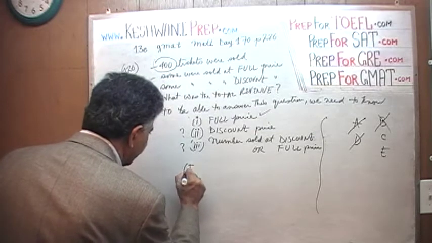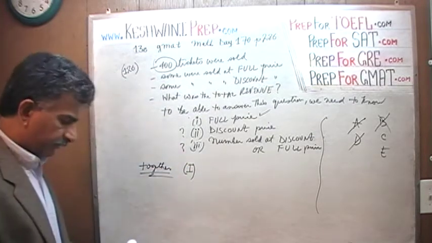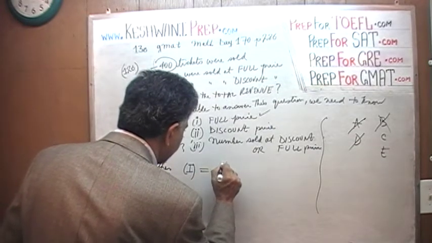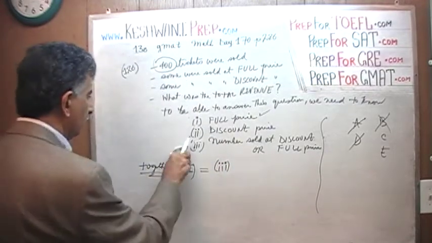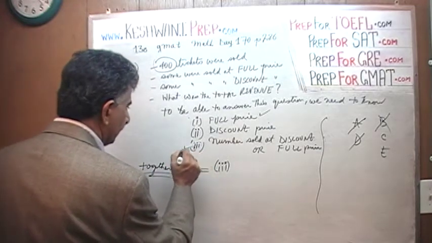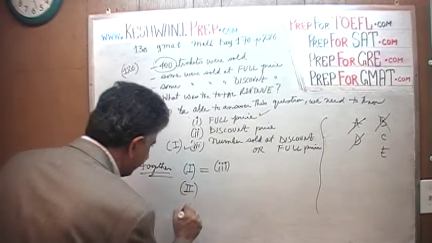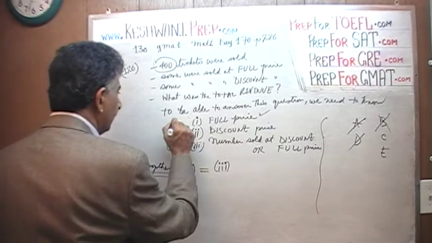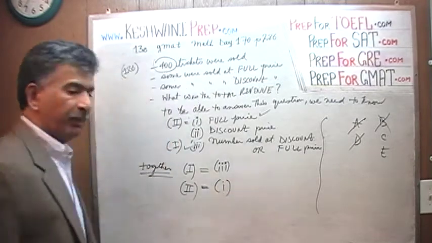We know that the first statement gave us the third piece of information, which was the number sold at discount. That was the piece of information arrived from the first statement. The second statement told us the full price, which was this part.